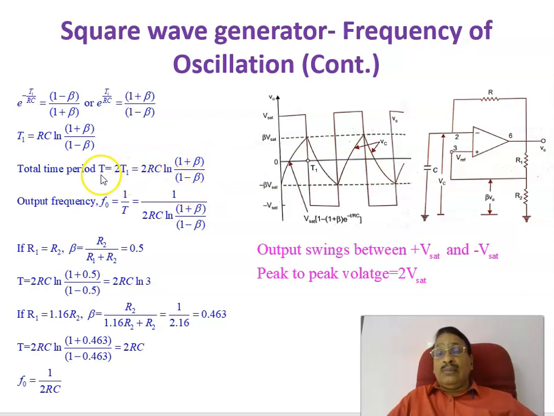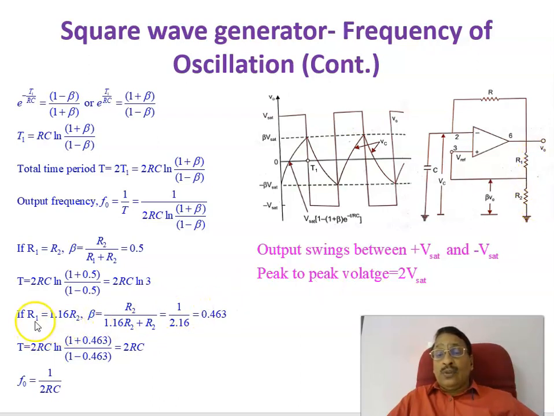Therefore, the output time period is 2RC natural logarithm of 3, and the frequency is 1 by T, that is 1 by 2RC natural logarithm of 3, if R1 equals R2.